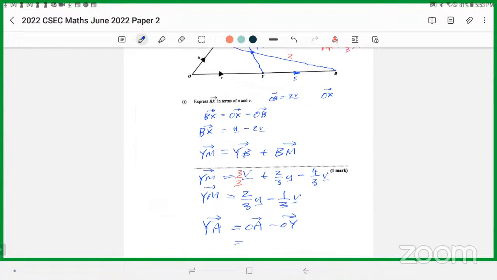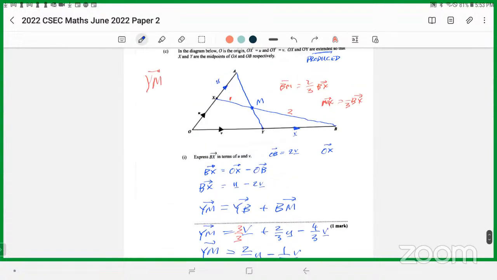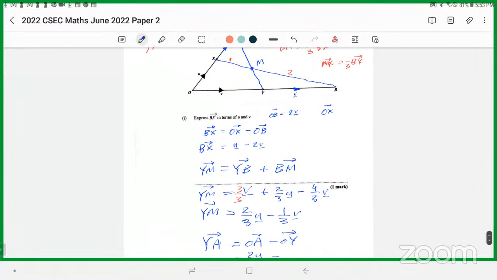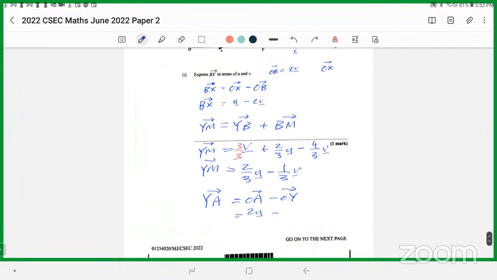The OA is 2U, minus the OY, which is just V. Same result. But I want to get these values in the same order as they are here. I want the U value first and then the V value next.